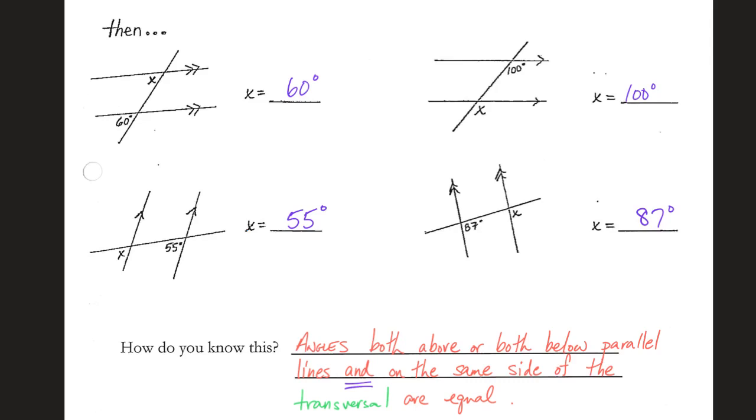We actually have a situation where we have angles that are both above or both below. So I'm actually going to put some commas in here. Angles both above or both below the parallel lines and on the same side of the transversal.